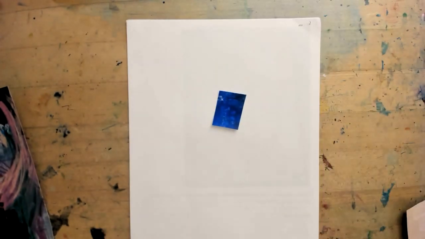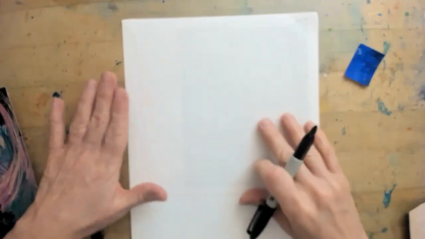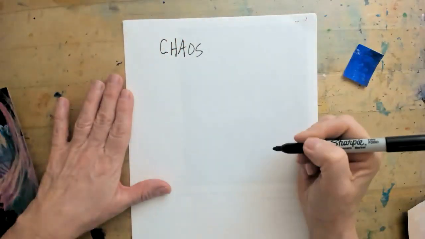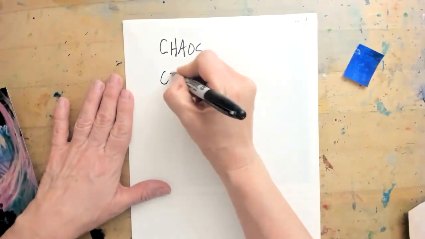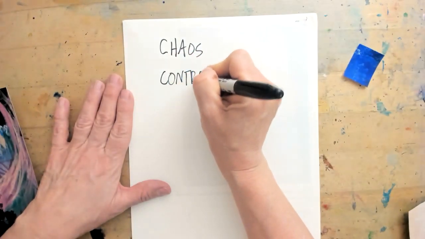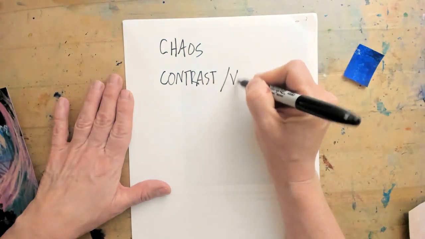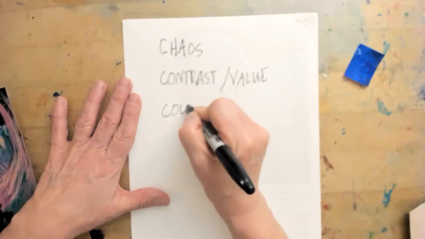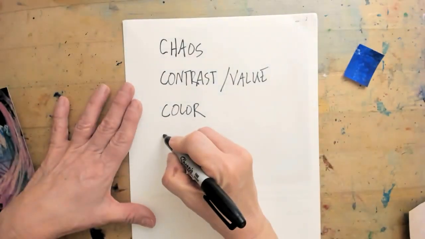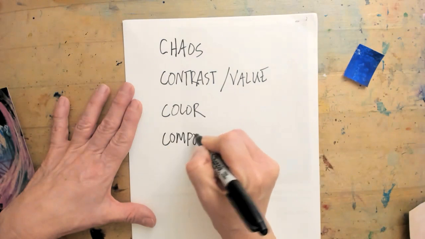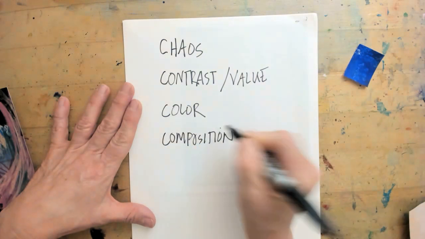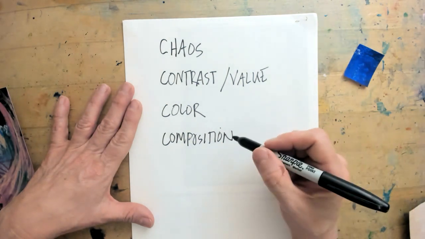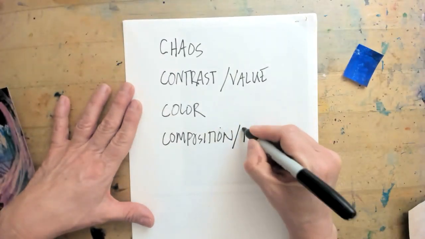So let me just tell you briefly the ideas that I'm going to cover. One is an idea of chaos in collages. The other is contrast, also value, color, composition, but because we're actually talking about a focal point or point of interest, something that you want to highlight in your collage, we're going to think about it more as position.